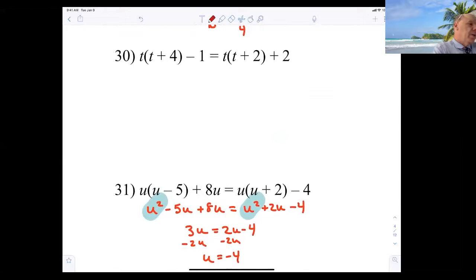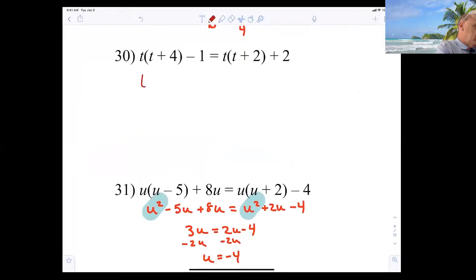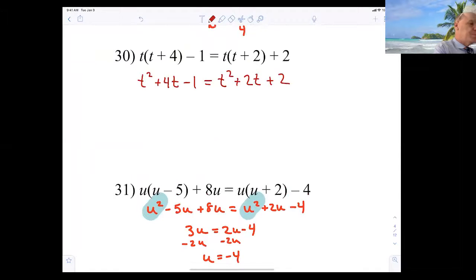All right, solving the equations now. What happens to the t-squares, guys? Again, we're practicing moving numbers around. Moving the 2t to the left.